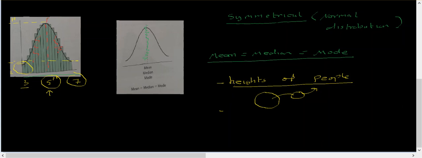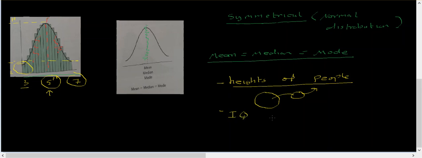So again, heights of randomly selected people will be an example of data that would follow a symmetrical distribution, or symmetrical shape. The other one then is like IQ.